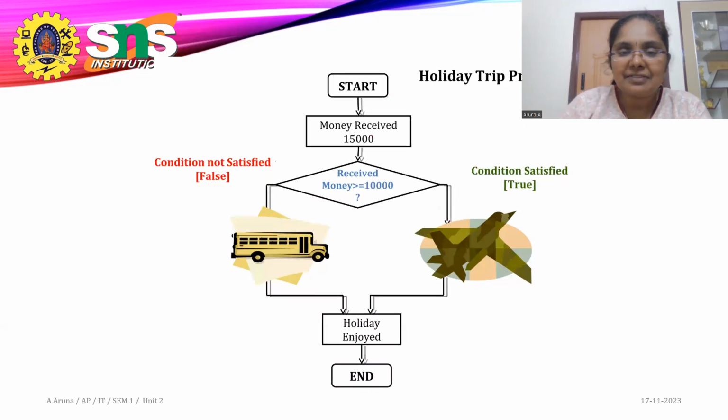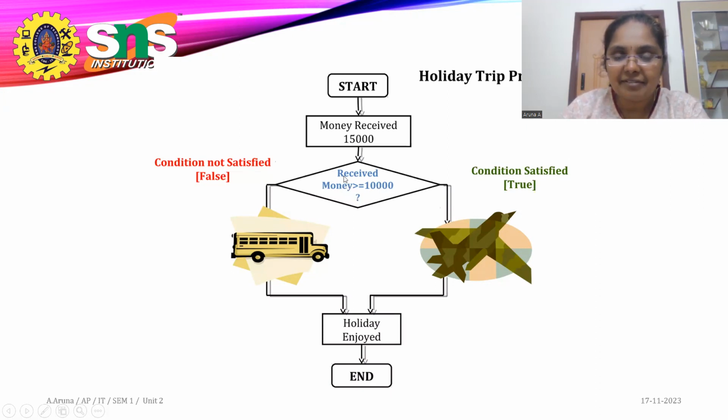First, we have to start the program. After that, we get the money from the parent. Suppose your parents give you 15,000. It will check the condition: whether the money is greater than or equal to 10,000 or not.